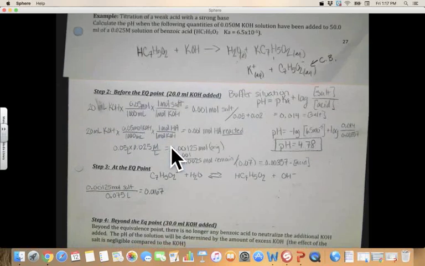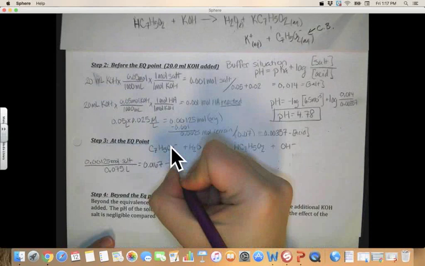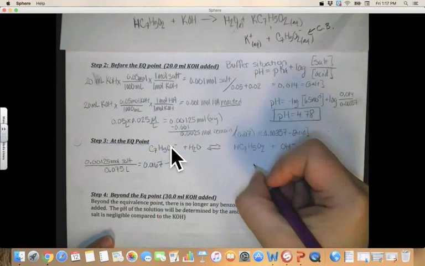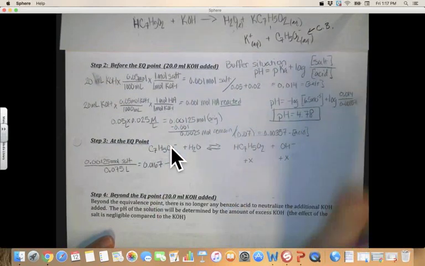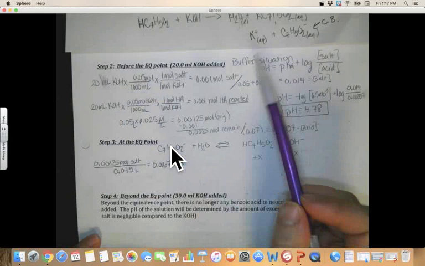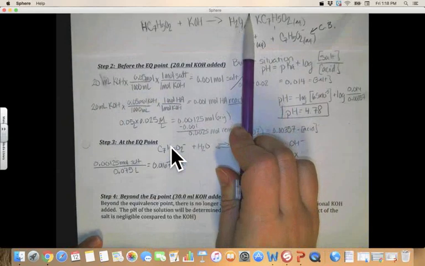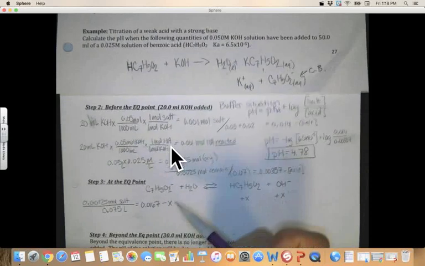Okay, so that's my initial concentration of the benzoate ion, but I'm going to lose some amount of that, and gain some of the benzoic acid and some of the hydroxide. Now, I know that the Ka for the benzoic acid is 6.5 times 10 to the negative 5.